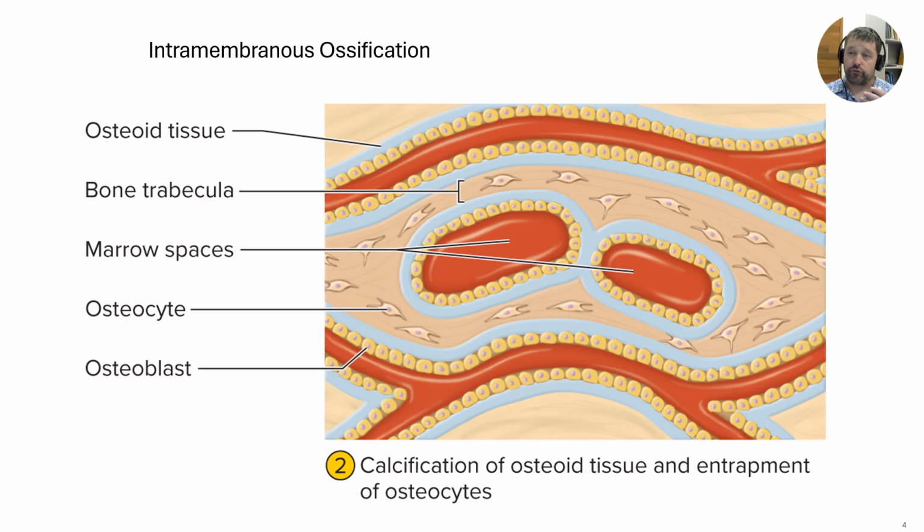Hydroxyapatite is going to lay crystals down on the collagen fibers, and those crystals are going to build. Some calcium carbonate and other ions are going to be attracted, and you're going to start to get a calcified structure around those osteoblast cells, which are now called osteocytes.